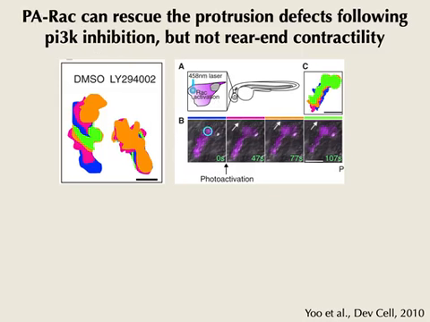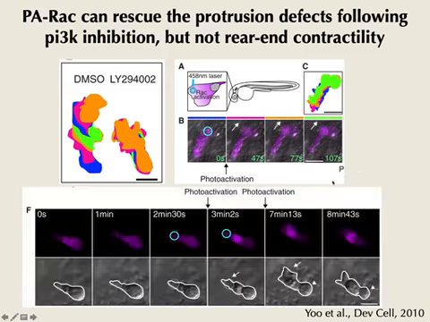What I have not showed you is that when you inhibit PI3 kinase with the drug, if you look at a RAC biosensor, the activity is reduced. So here the idea is you block and then you photoactivate RAC in one position, and sure enough, the cell is actually moving. So that's the control.